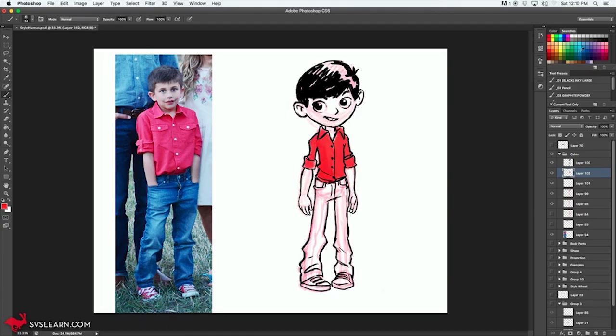And some blue pants. Yeah, he's looking good that day.